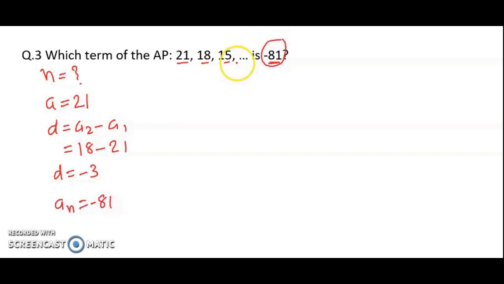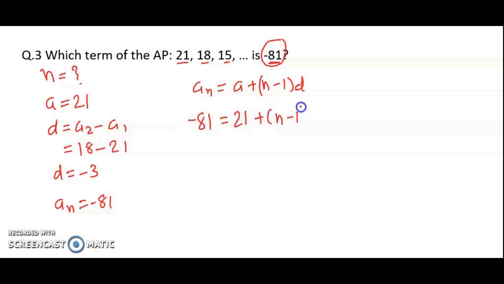So if you use the formula here, an equal to a plus n minus 1 multiply with d. So here an is minus 81, a is given 21 plus n minus 1 and d is minus 3.